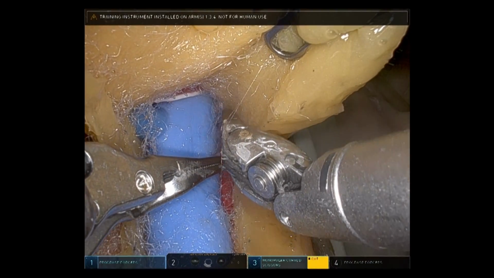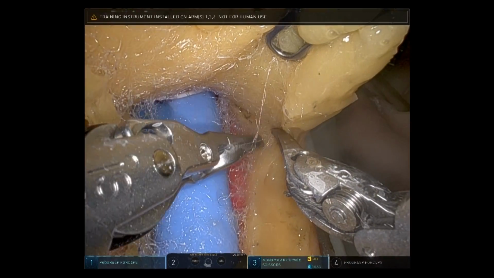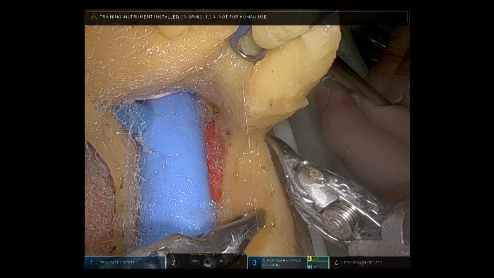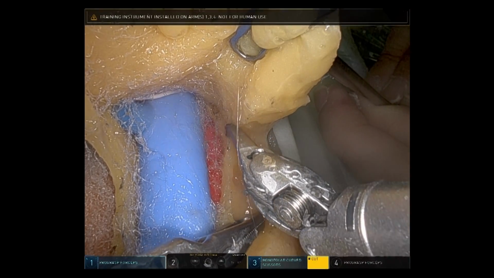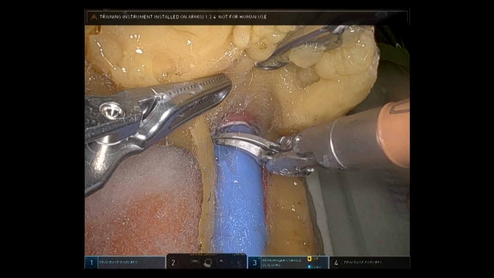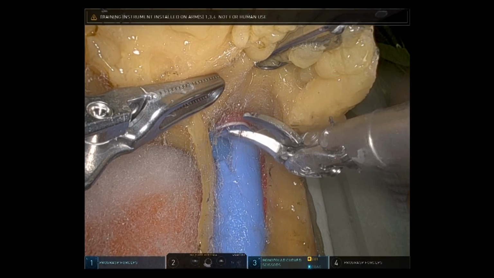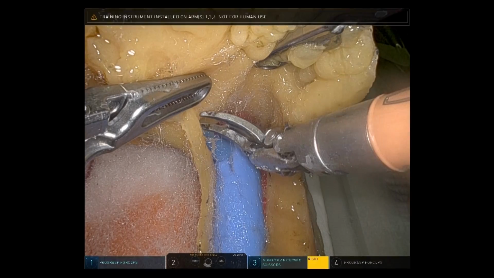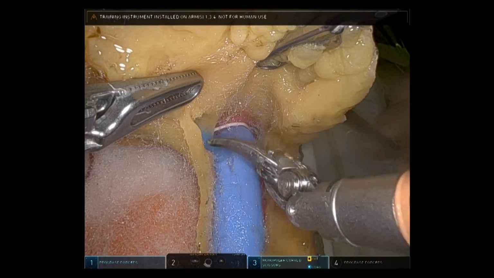Cranial dissection along the anterior surfaces of the SMA and SMV allows identification of the roots of the ileocolic artery and vein. The tissue around the ICV is carefully dissected, and the vein is divided at its root.